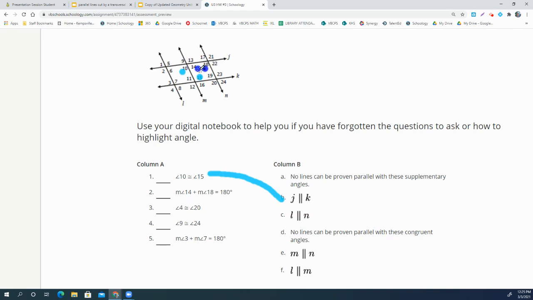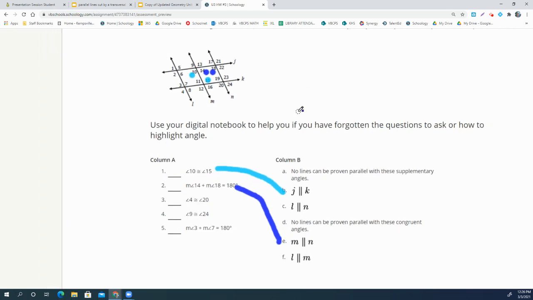Should they be supplementary? Same side supplementary. So I've got one obtuse and one acute angle. They equal 180. They're on transversal J, so that can't be the parallel line. What are the parallel lines? M and N. Okay, and it just takes a little while to practice that.